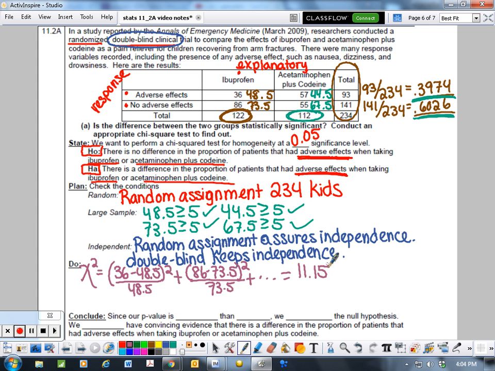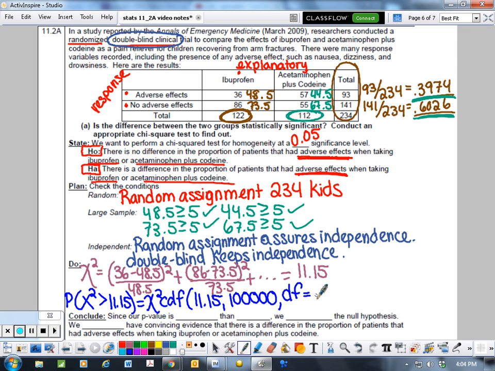So now we're ready to calculate our p-value. The p-value of having a chi-squared greater than 11.15 is calculated by our chi-squared CDF with a lower bound of 11.15, an upper bound of just a really big number, and degrees of freedom.